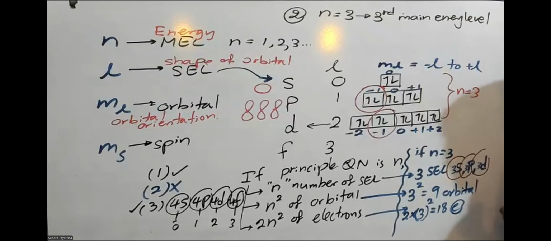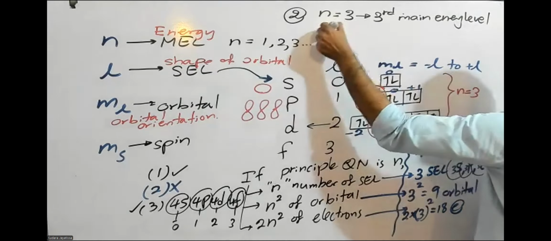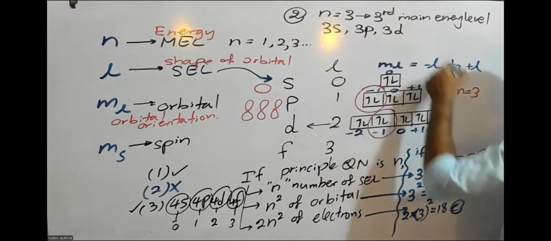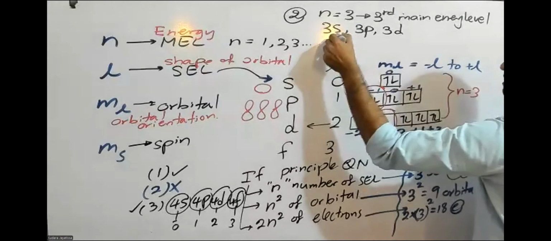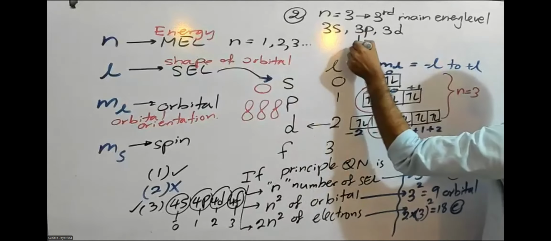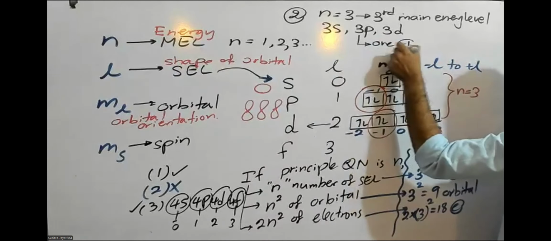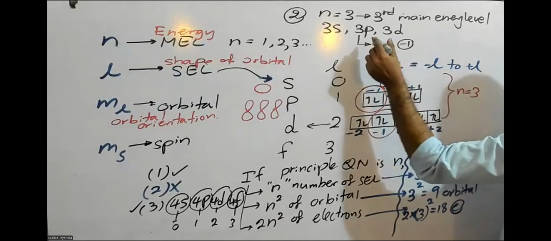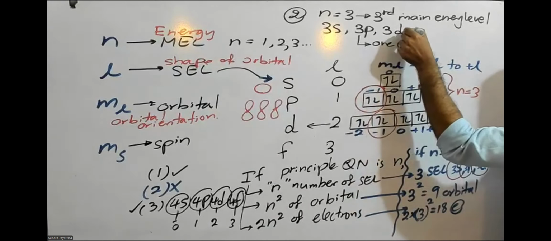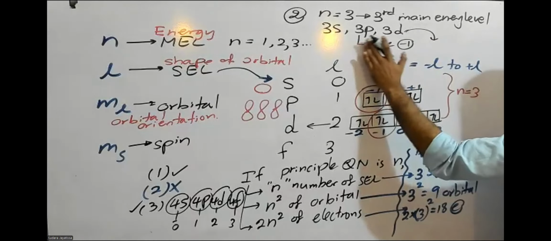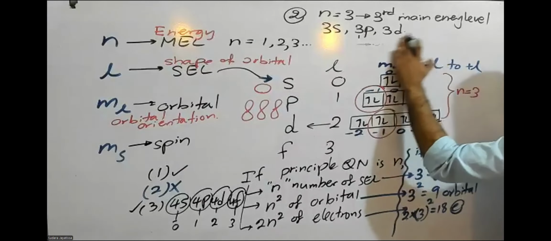So in the third main energy level, we have 3s, 3p, and 3d. This p will contain one minus 1 orbital, and this d will also contain another minus 1 orbital. So you can give it as a statement.